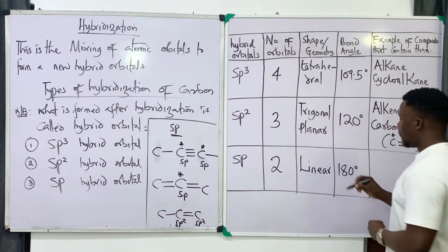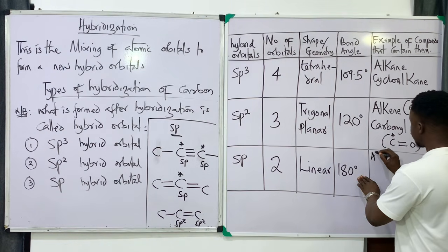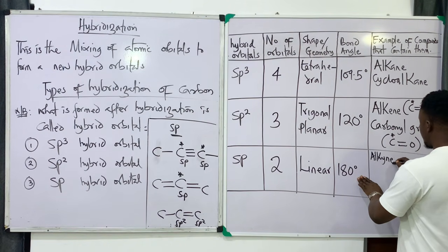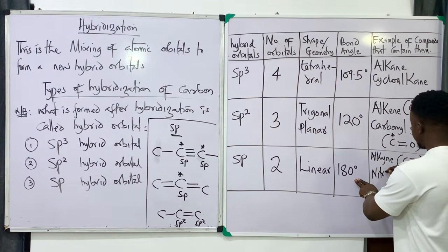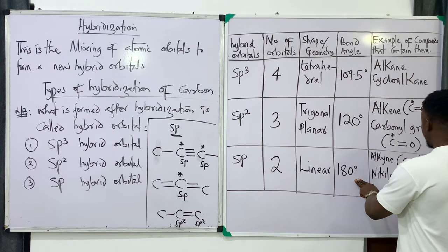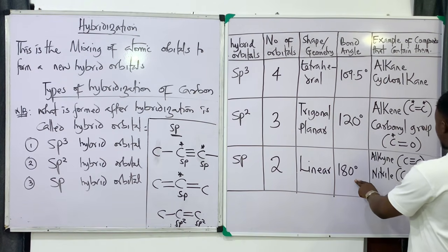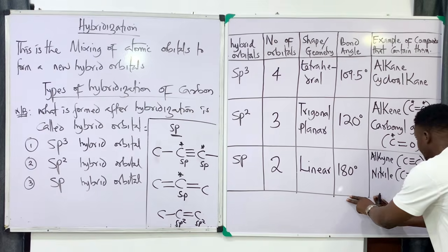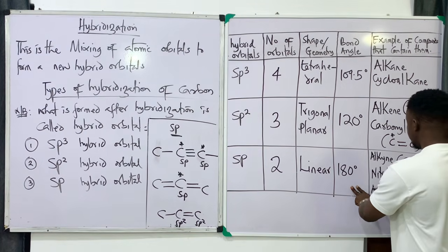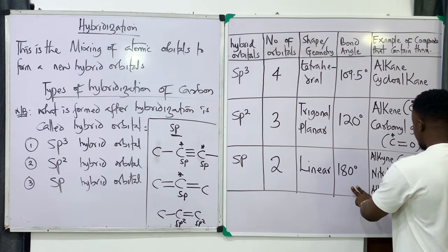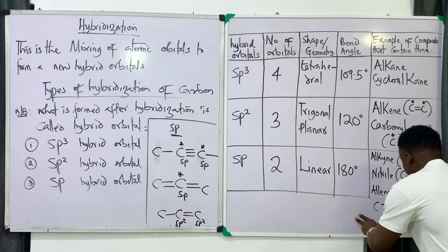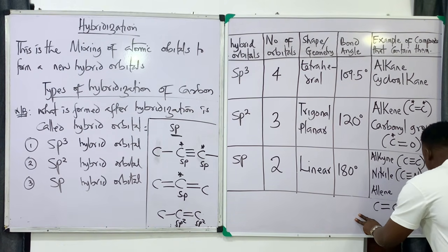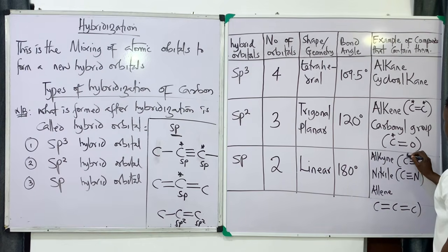Examples of compounds with this are alkynes, where we have a carbon triply bonded to another carbon. The next one is nitrile, which is when carbon is triply bonded to nitrogen. And then we have the next one, allene.